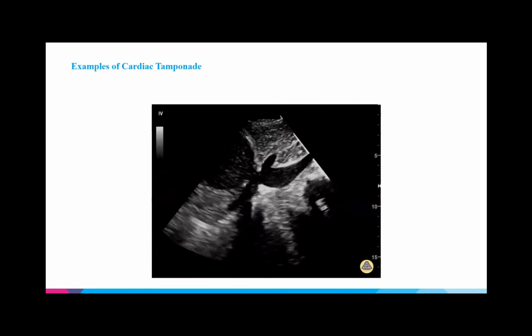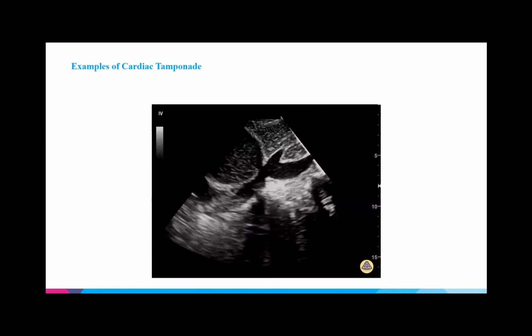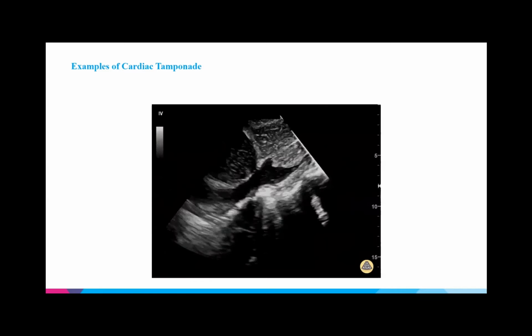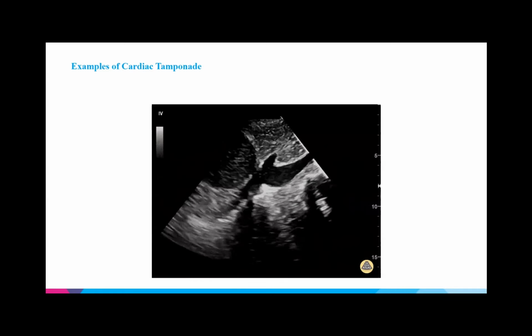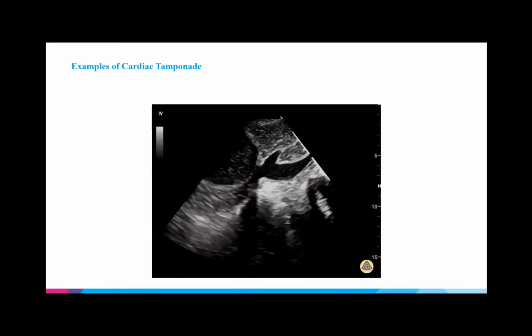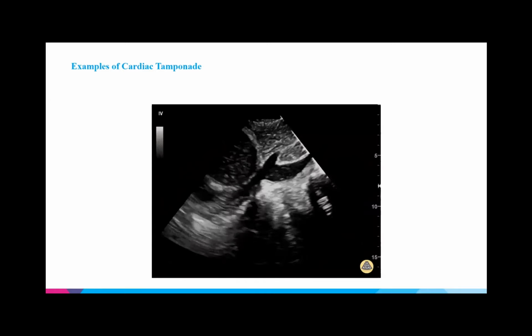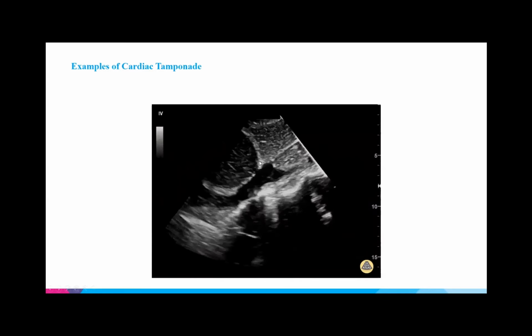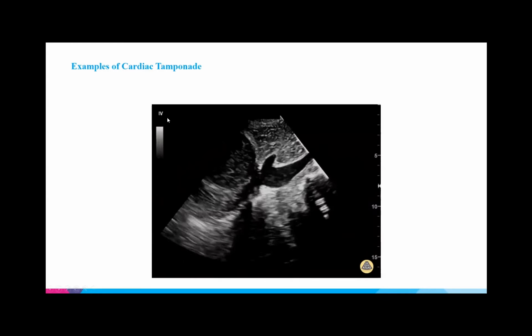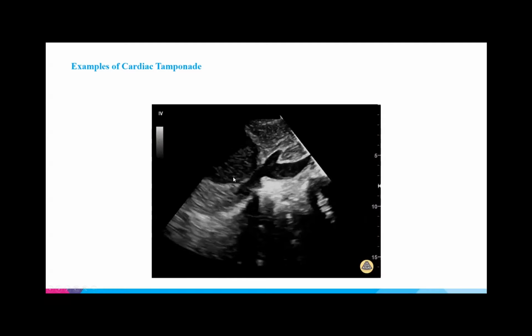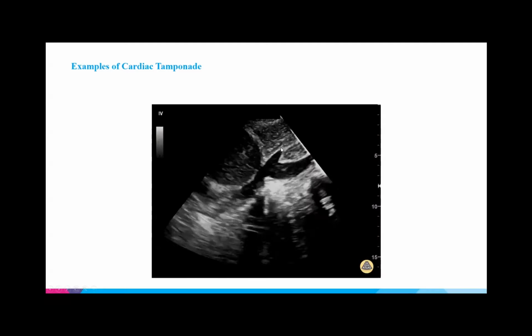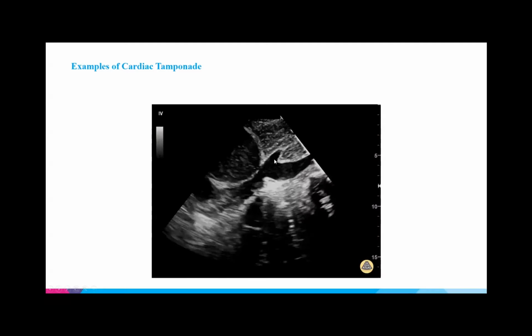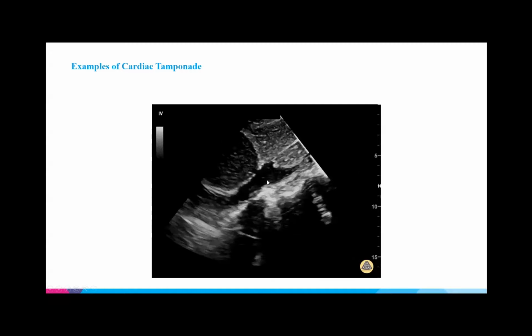And so, like I said, if you're worried about tamponade, you always want to look at the IVC and verify what it looks like. For us to be worried about obstructive shock and tamponade in general, the IVC should be plump and grossly non-collapsible. This is, I would say, probably from the ED literature, because it's flipped. The heart's over here, the IVC is here, the liver's here, and you can see the hepatic vein draining into the IVC.